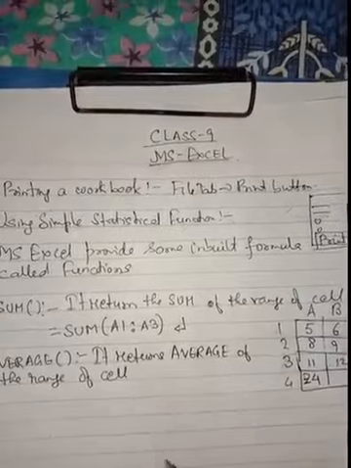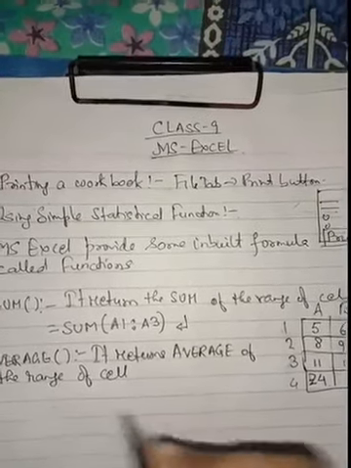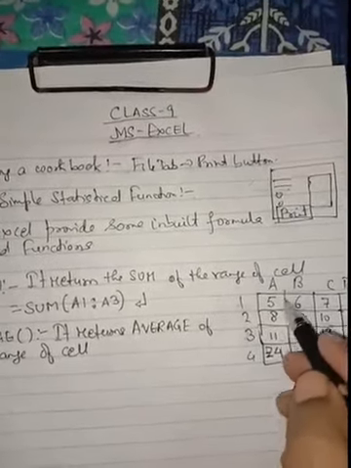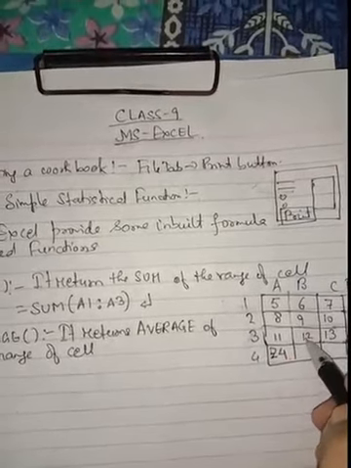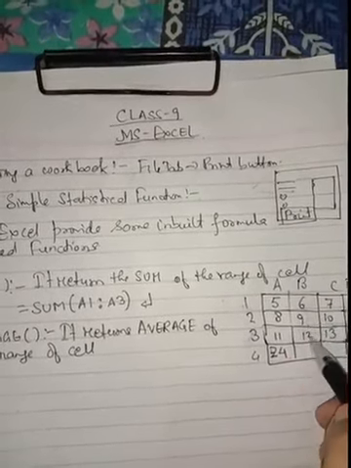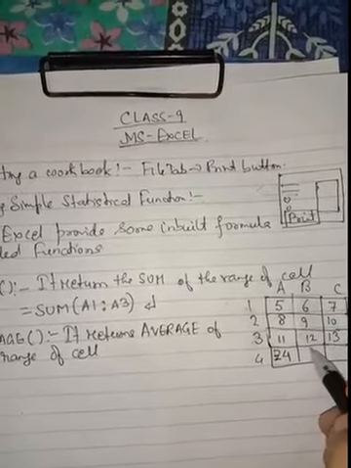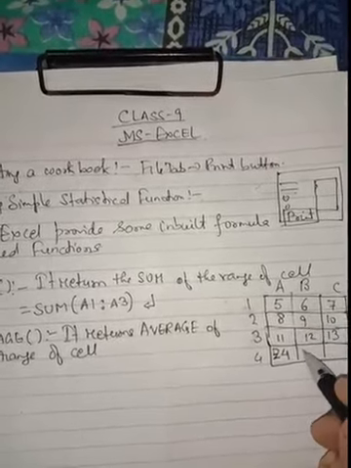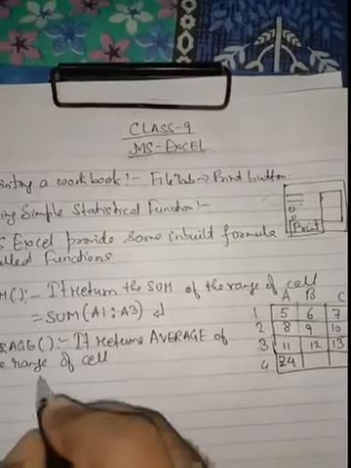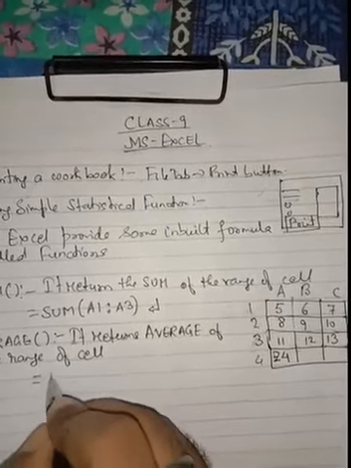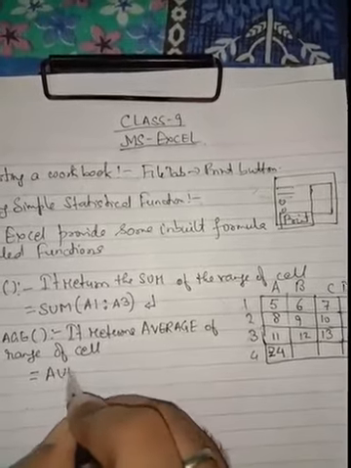Suppose we want to find the average of this one. How can we find the average? First of all, we have to add all the three values, and since there are three values, we have to divide by 3. To avoid this complex calculation, the simple method is just to use the average function.